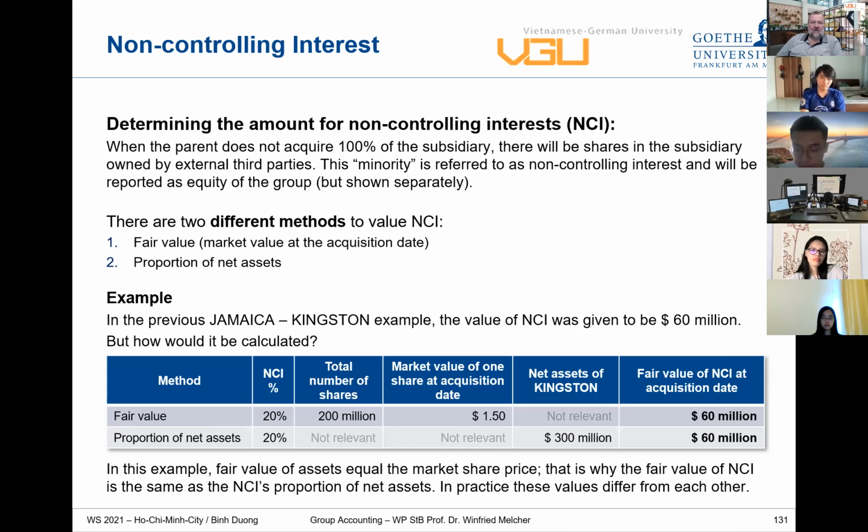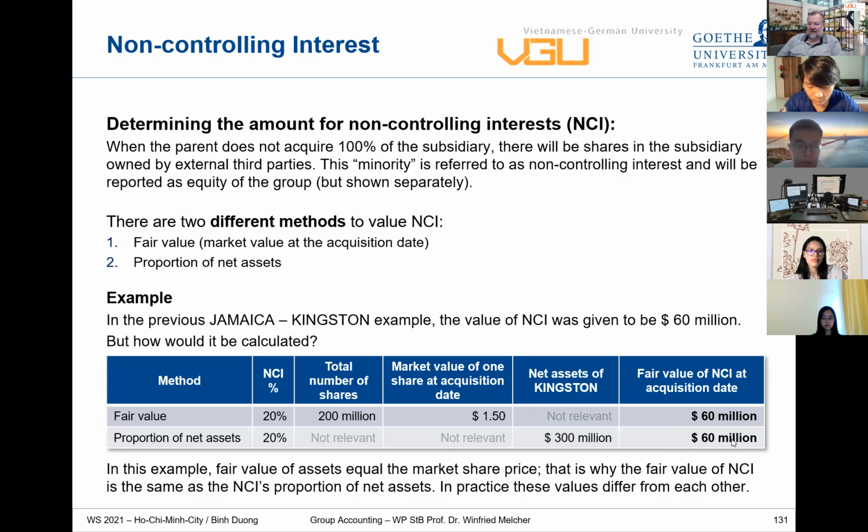In theory, these two numbers need not be the same, and it is just pure chance that these two values are the same.